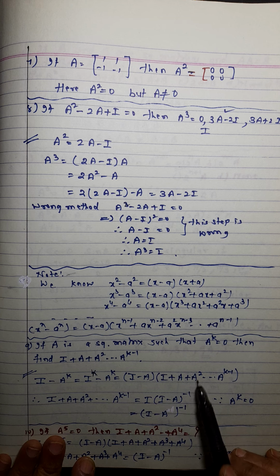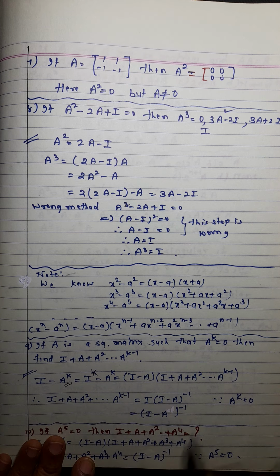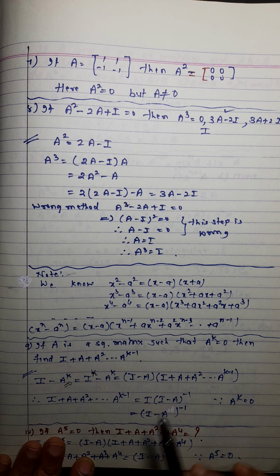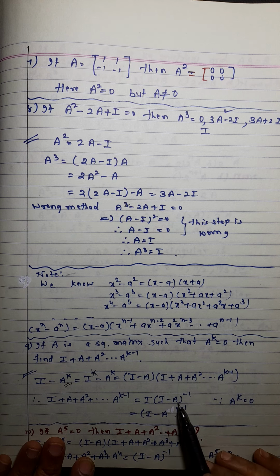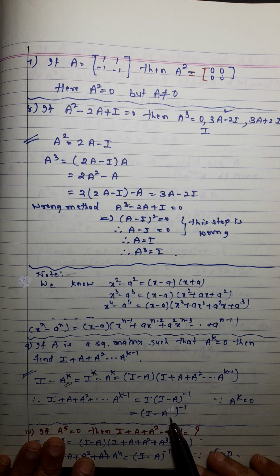A raised to k is 0, it is given. So this into this will be I. So the value of this will be I into the inverse of this. Don't write a denominator with 1 upon, because this is a matrix, you cannot do that. So the value of this is this inverse.